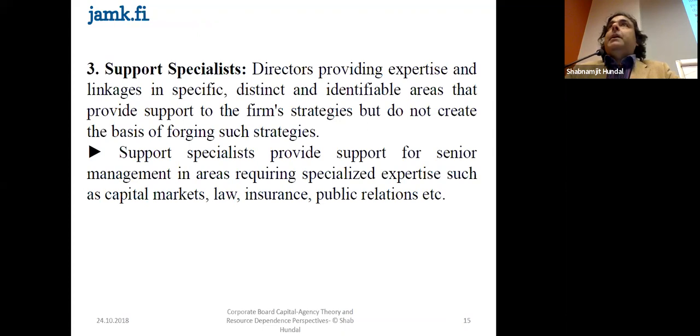For example, if you recruit a finance professor on your board of directors, he doesn't solve the operational problems, but he can provide very long-term solutions for you based on his vast and deep knowledge. So support specialists are those people who are really gurus. I mean, you can be a graduate in this category, but in this category, you are a PhD.